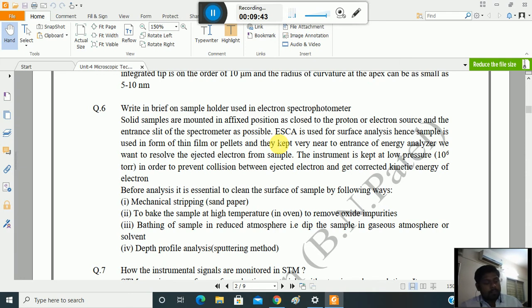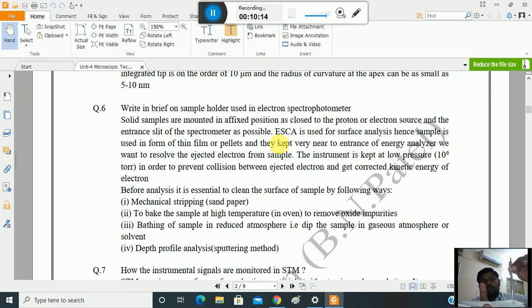With the help of ESCA, there is a technique known as rastering. The tip of that particular beam rasters, it moves like this in the x direction, from one direction to the second direction, then it moves down, and the process is repeated, move down, repeated, till the whole surface is scanned like this.